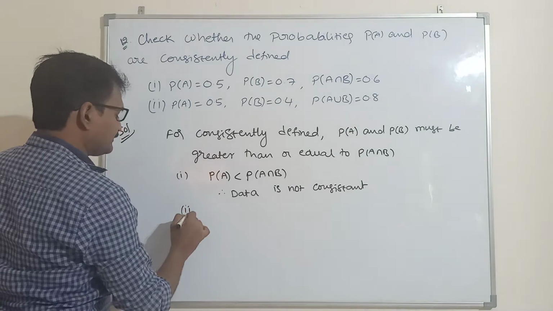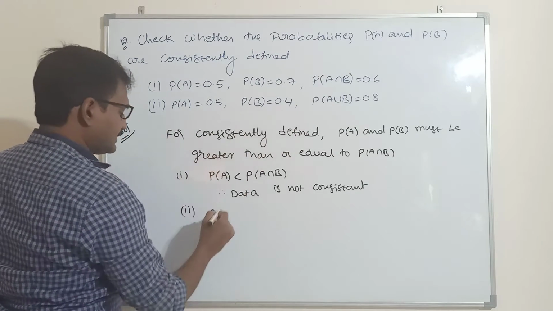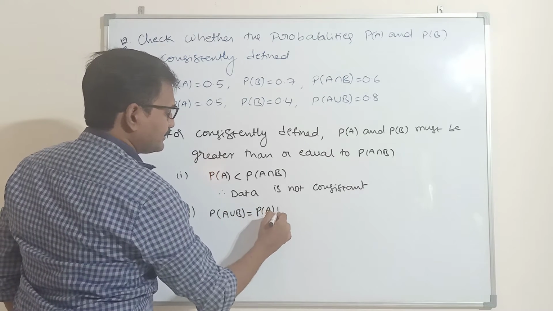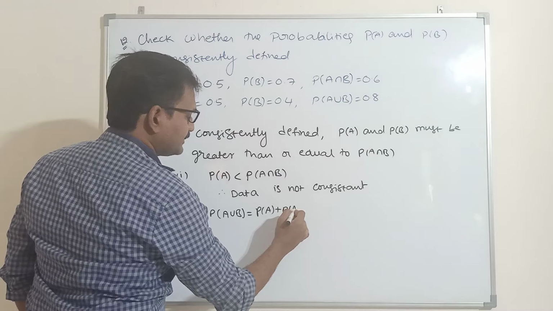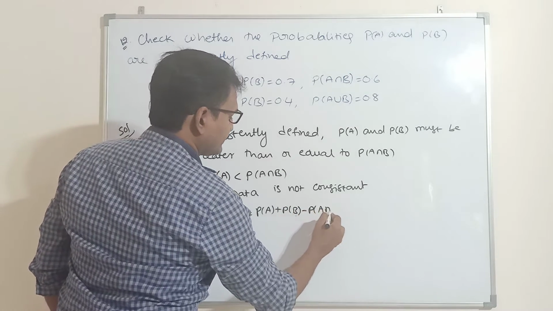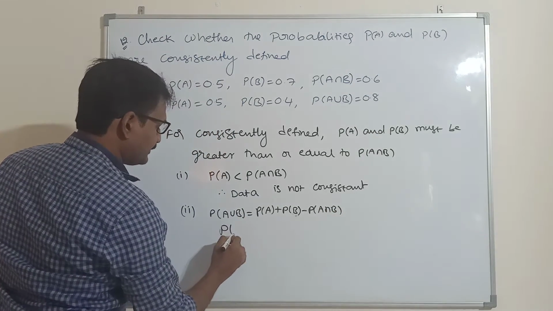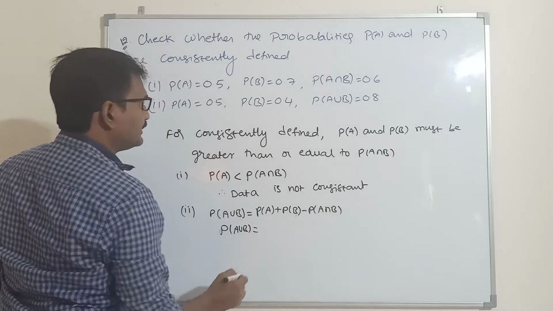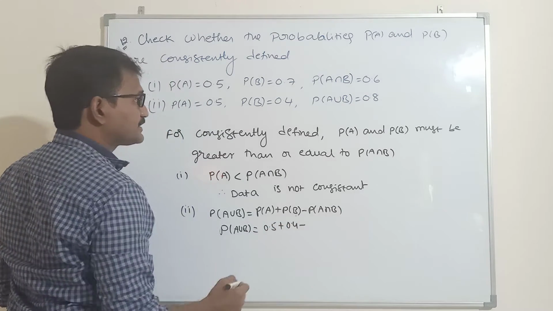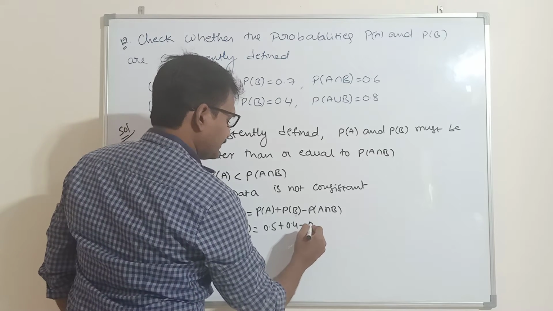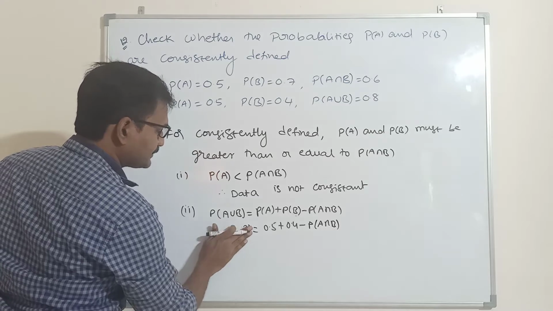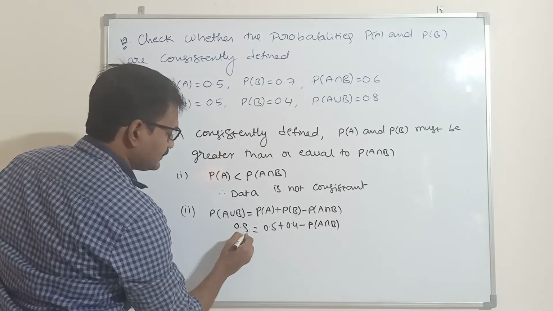In the second question, P of A intersection B is not given. So find P of A intersection B by using the addition theorem. P of A union B is equal to P of A plus P of B minus P of A intersection B. So P of A union B is equal to 0.5 plus 0.4 minus P of A intersection B. P of A union B is given as 0.8.